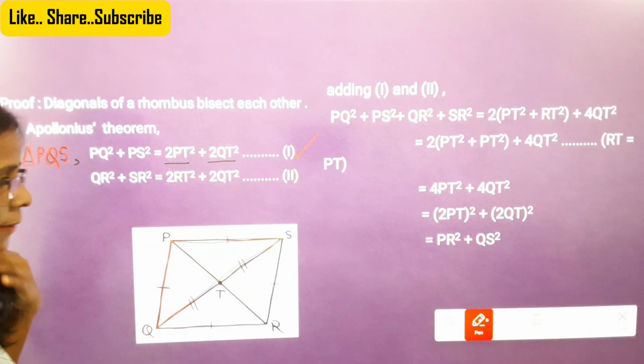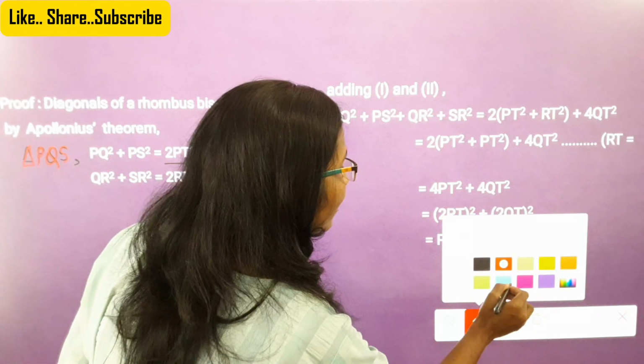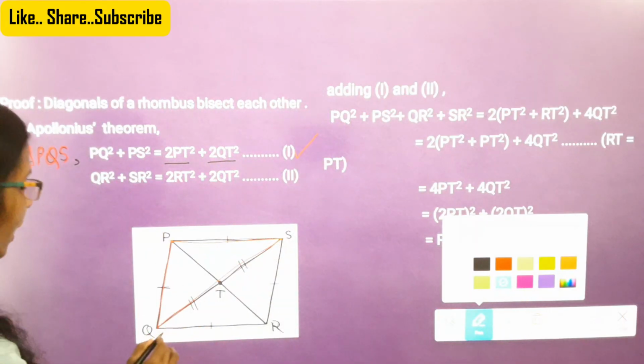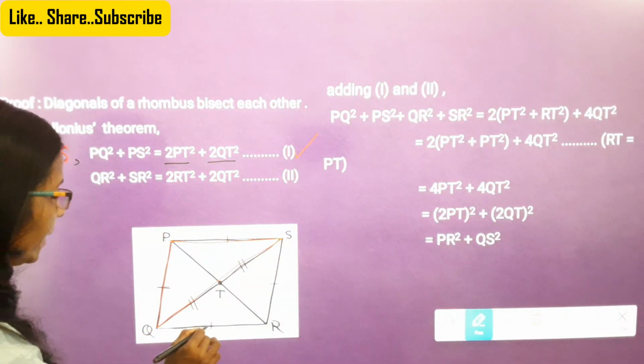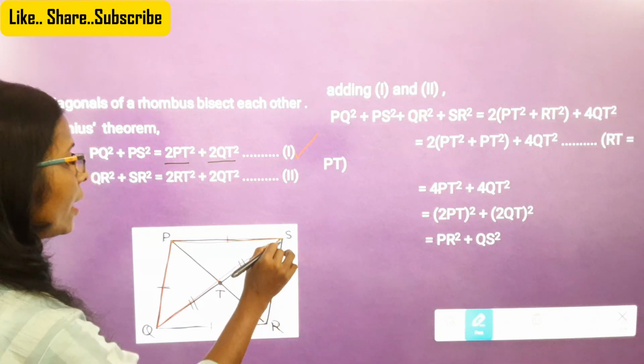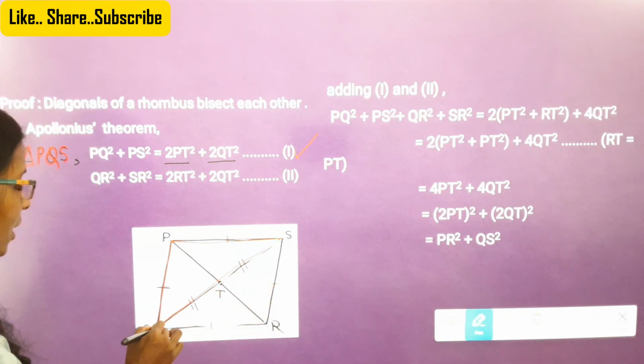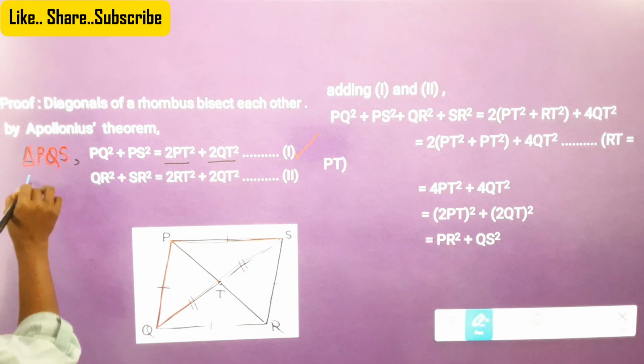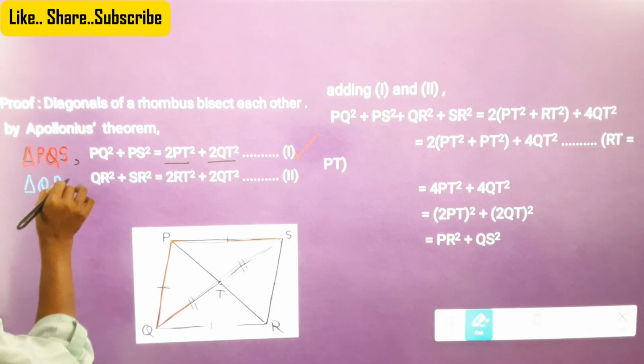Now the second part is that we choose this triangle, students, that is triangle QRS.